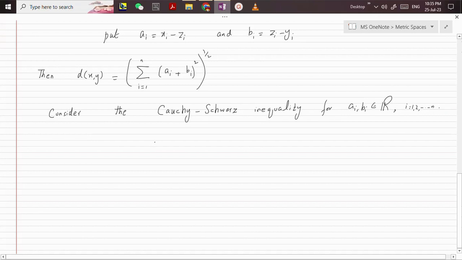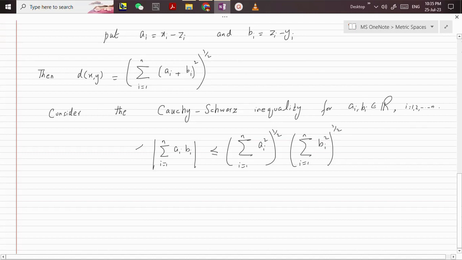The Cauchy-Schwarz inequality is: the mod of summation i from 1 to n ai bi is less than or equal to summation i from 1 to n ai square whole power 1 by 2 into summation i from 1 to n bi square whole power 1 by 2, and this is greater than or equal to what?